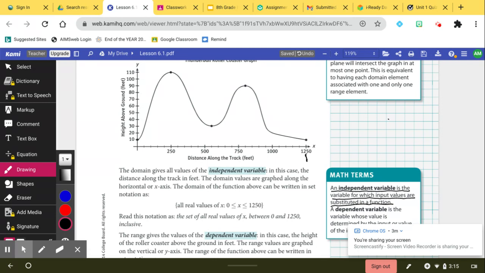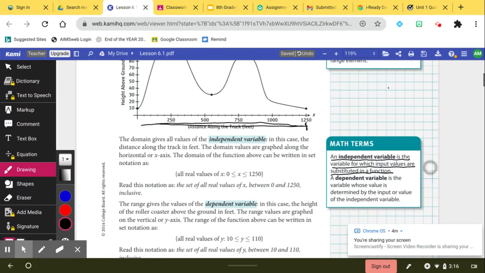The domain values are graphed along the horizontal or x-axis. The domain can be written in set notation as the set of all real numbers x between 0 and 1,250. So my domain is my x, and my x's range from 0 to 1,250.